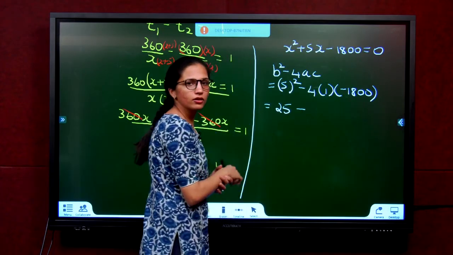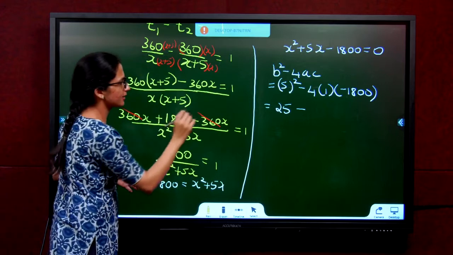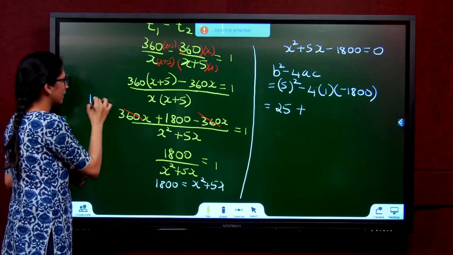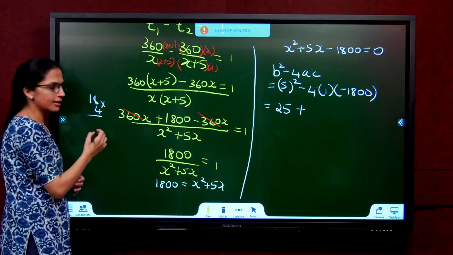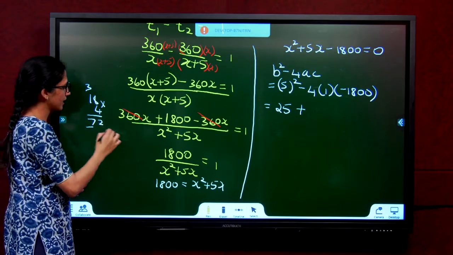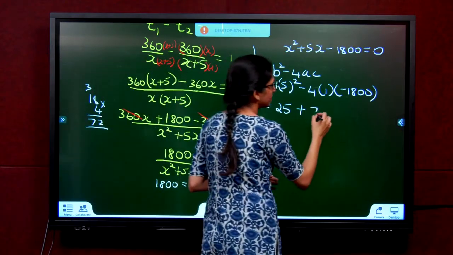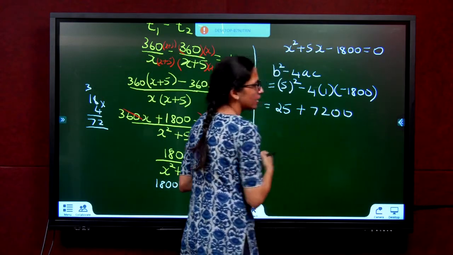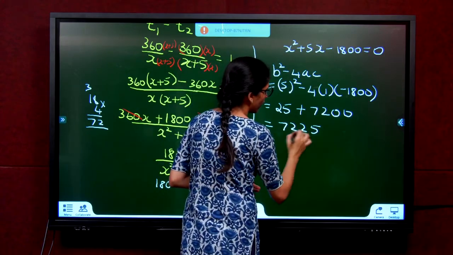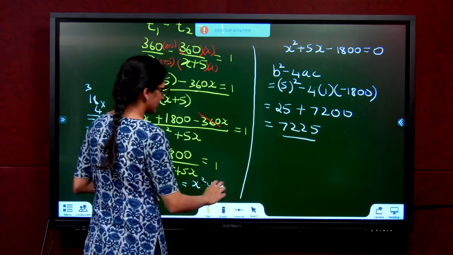Minus 4 into minus 18, so minus into minus is plus. 4 into 18: 4 8s are 32, 4 1s are 4, 4 plus 3, 7. So this becomes 72, then two zeros, 7200. Add these two, 7225. Greater than 0, roots exist.